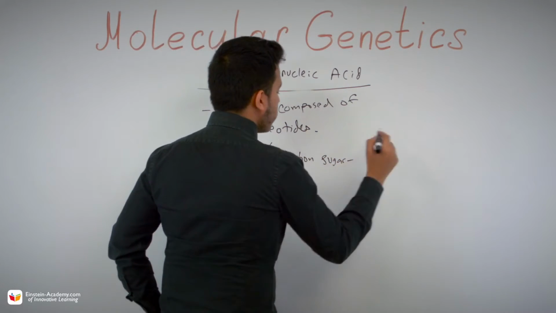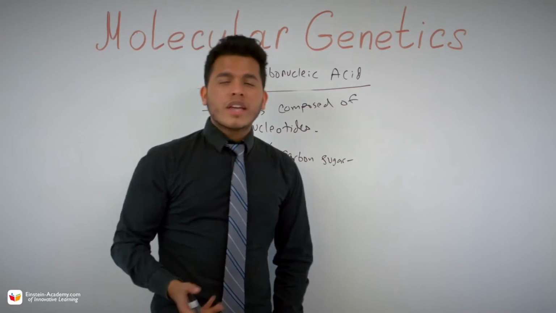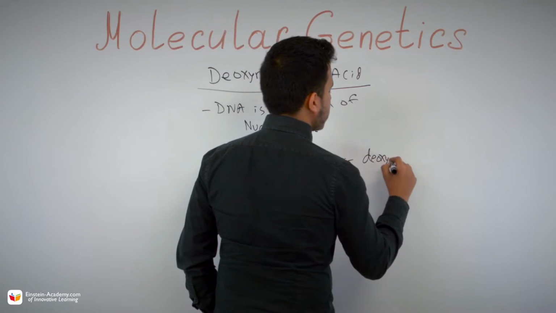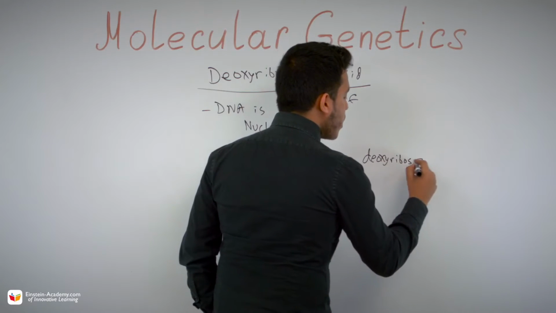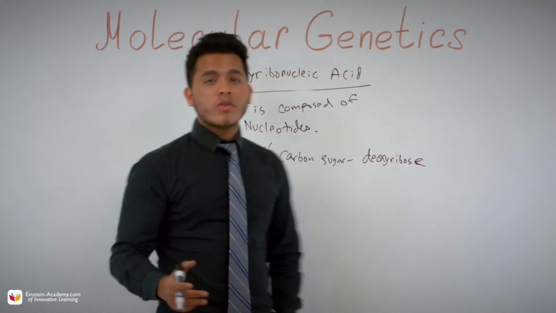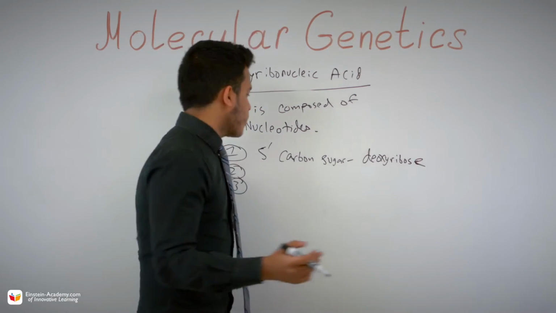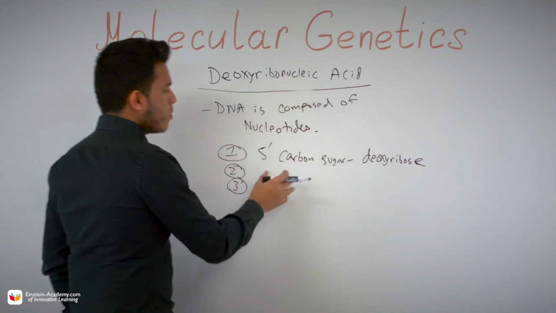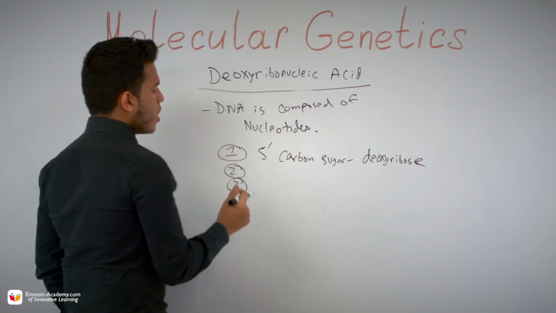In this case, what is my 5-carbon sugar? It's deoxyribose. If I was talking about RNA, my 5-carbon sugar would be just ribose. RNA stands for what? Ribonucleic acid. So I have my 5-carbon sugar, which is deoxyribose.